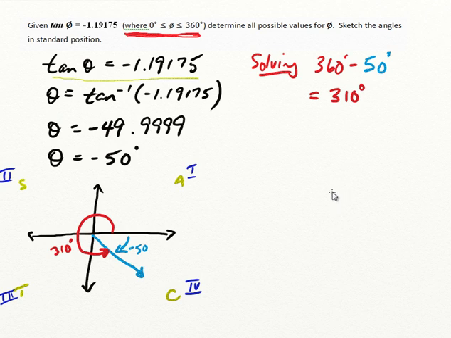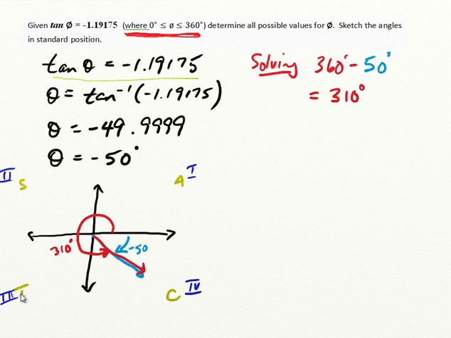Well, is there another value that would match that? We just have to look at our 4 quadrants here and look at the CAST rule, and that's going to help us decide where the other angle would lie. Now our original terminal arm is here in quadrant 4 because the tangent ratio was negative. So what other quadrant has a negative tan ratio? Well, it's not quadrant 1 because everything is positive there.